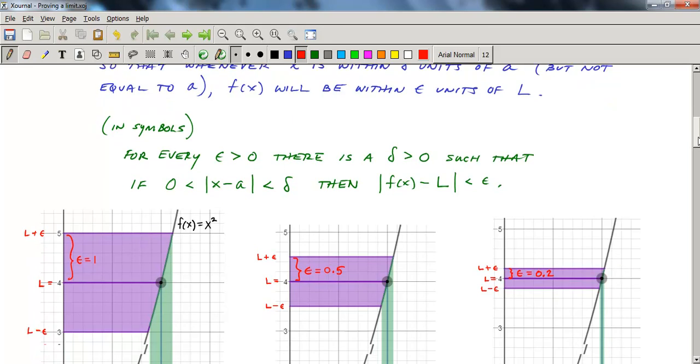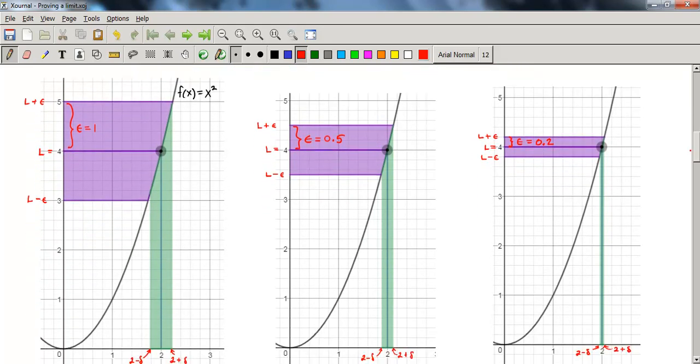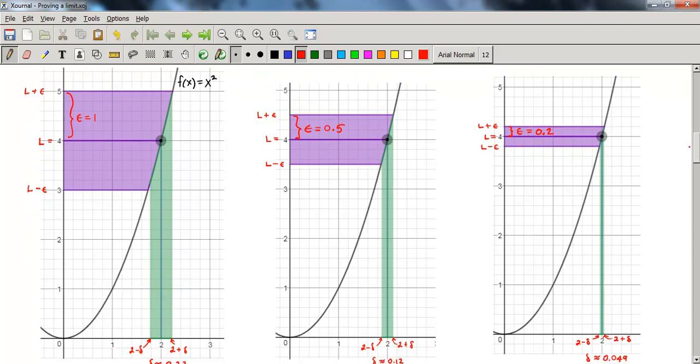So with Desmos, I have a few pictures here to show you what that means. Using the function f of x equals x squared, we're taking a look at the limit as x approaches 2 of x squared equals 4. In this first picture, we've taken an epsilon of 1.